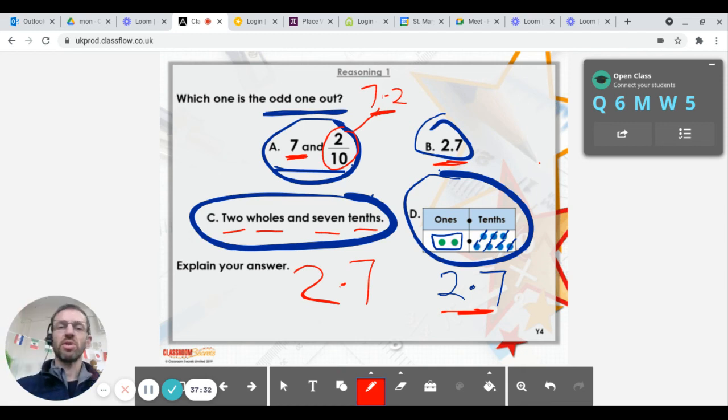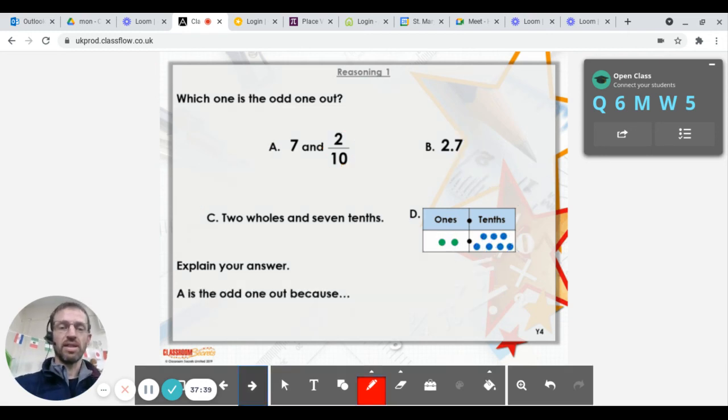A is the odd one out because all of the others are the same value, which is 2.7 or 2 and 7/10. How do they explain it? Yep, A is the odd one out because it shows 7.2 and all the other representations show 2.7. That's the sort of thing you're going to have to do. You're going to write a sentence to explain your answers. If it says, explain your answer, no problem.